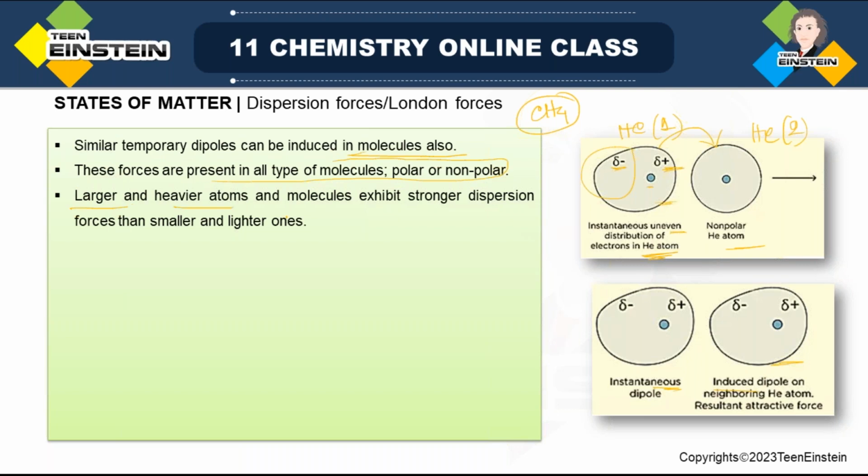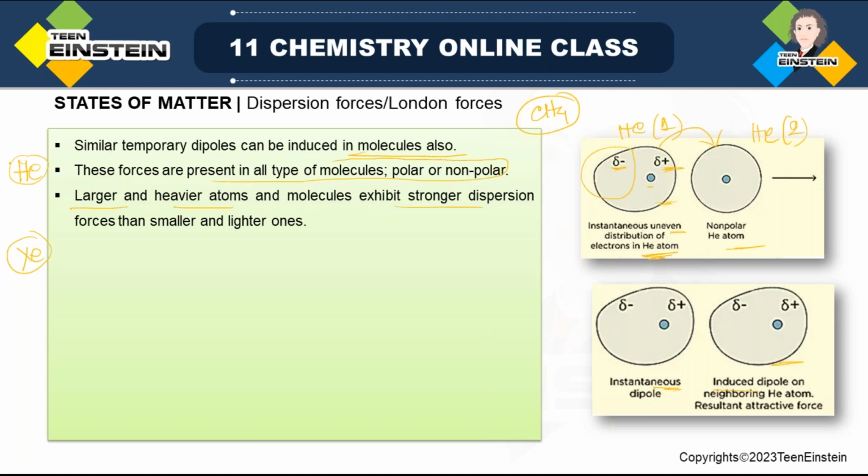Larger and heavier atoms and molecules exhibit stronger dispersion forces than smaller and lighter ones. If you talk about atoms, suppose I am considering helium. Among the noble gases, this is the smallest one. But if you take xenon, which is obviously heavier than helium, the dispersion force will be very high.